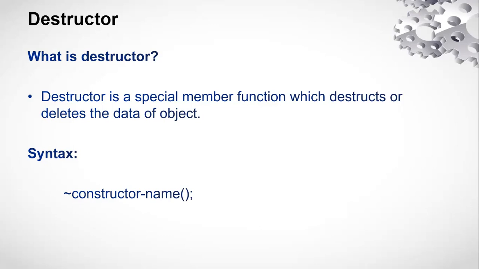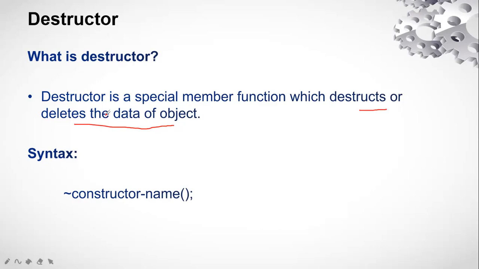That means constructor is constructing the object and allocating some space for these particular objects when executed, and destructor is another special member function which destructs or deletes the data of object. That means it releases the memory occupied by the objects, right?